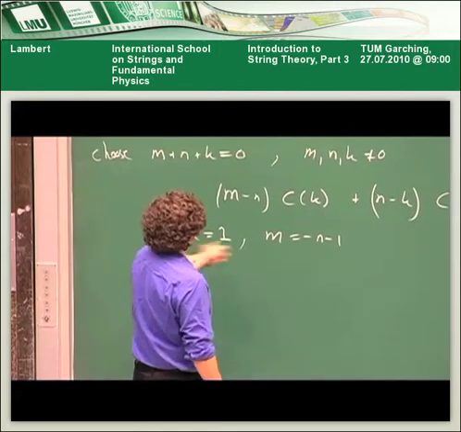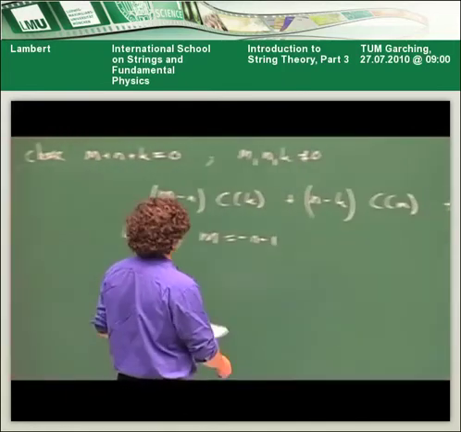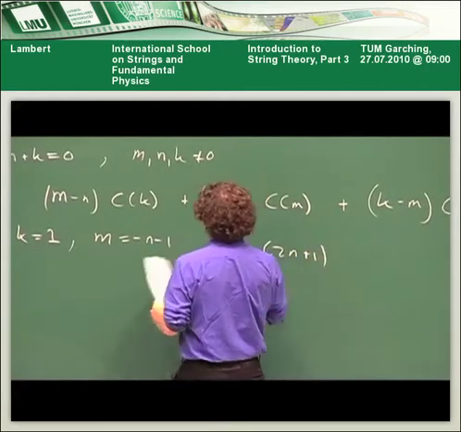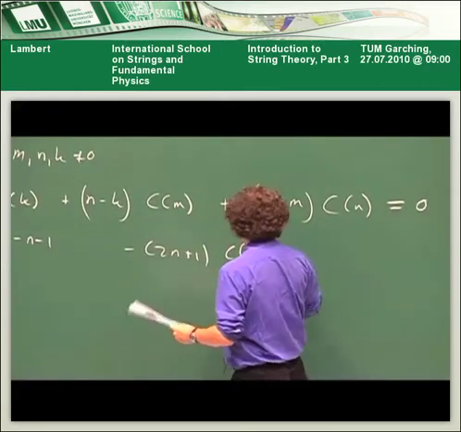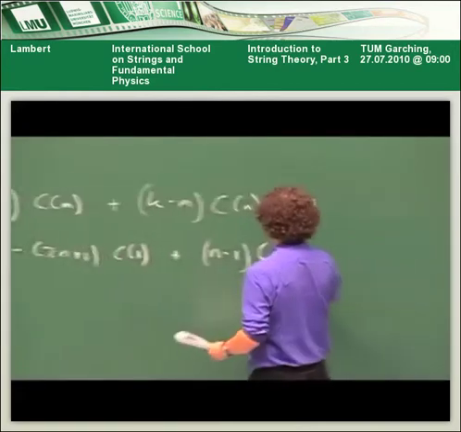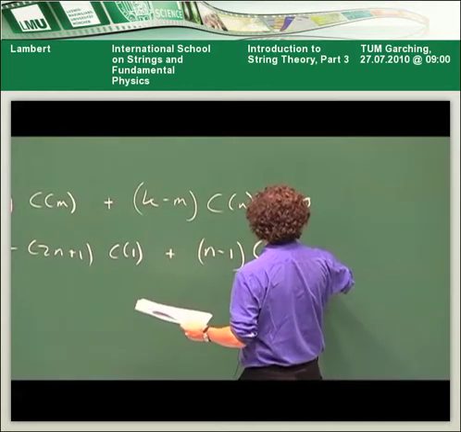Right, so we substitute this in, and what it's going to give us is a recursion relation for this C of n. If you substitute it in, you get 2n plus 1 from this one times C of 1. Then from here you'll get n minus 1 times C of minus n minus 1.